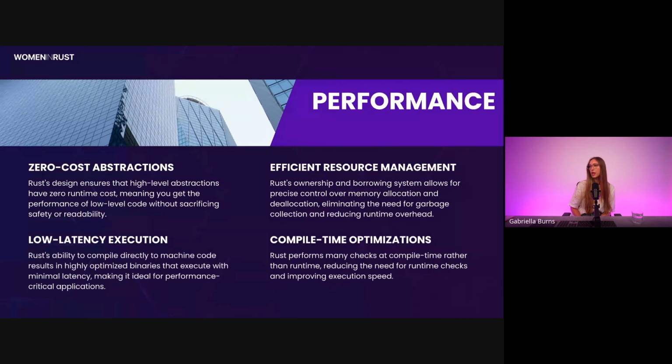Its ownership and borrowing system allows for precise control over memory allocation and deallocation. And this eliminates the need for garbage collection, and it reduces runtime overhead. Then there's compile time optimizations. Because Rust performs many checks at compile time rather than runtime, that reduces the need for runtime checks, and it improves execution speed.